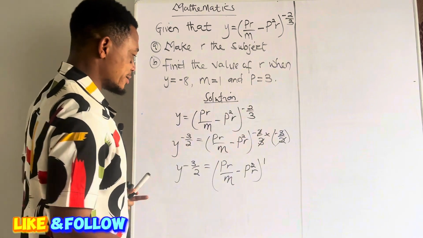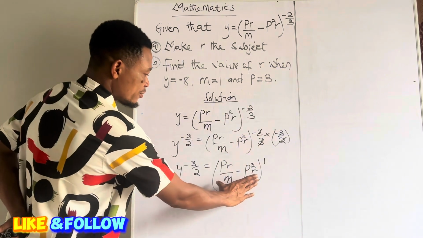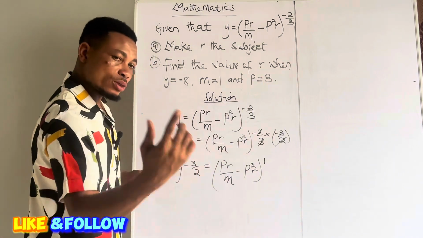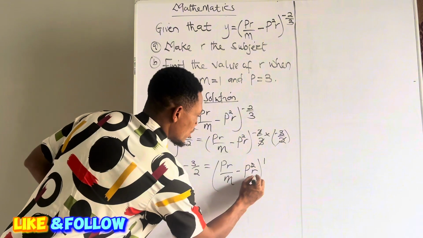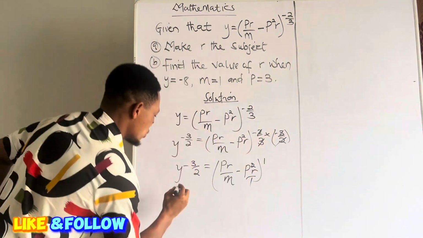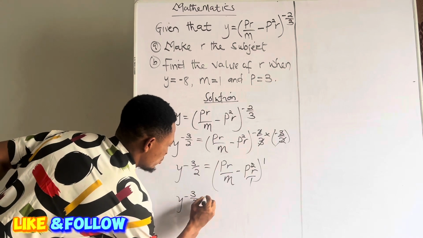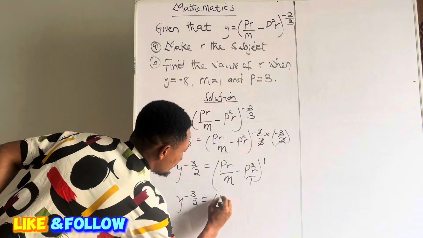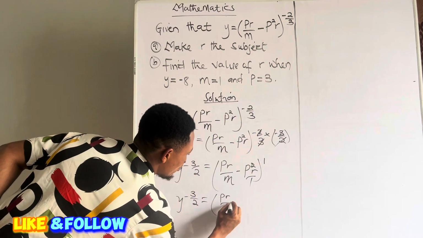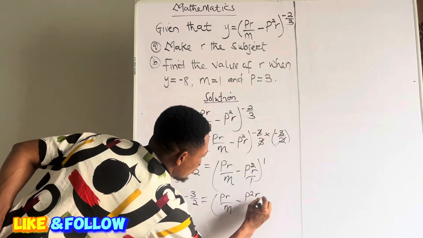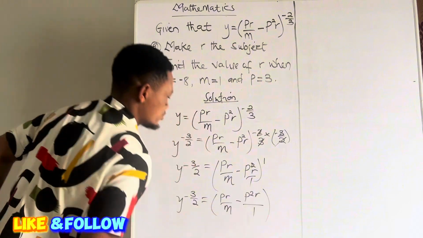Good. So what do we do next? Now, we already have this. We know that this is the same as over 1. So we have y to the exponent negative 3 over 2 equal to pr over m minus p square r over 1.